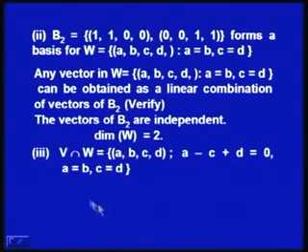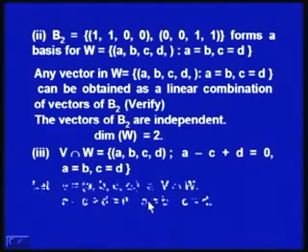Now, V intersection W is the set of vectors (A, B, C, D) which satisfy both the constraints on V and the constraints on W. Any vector which belongs to V intersection W should satisfy these constraints.